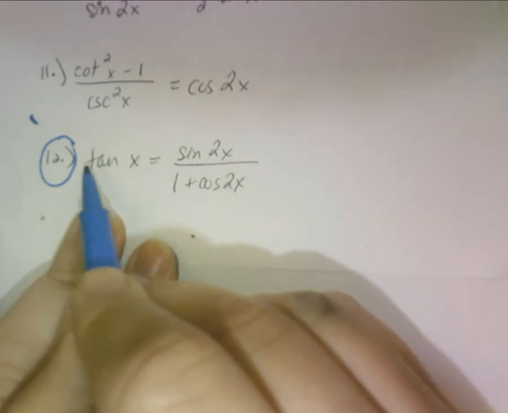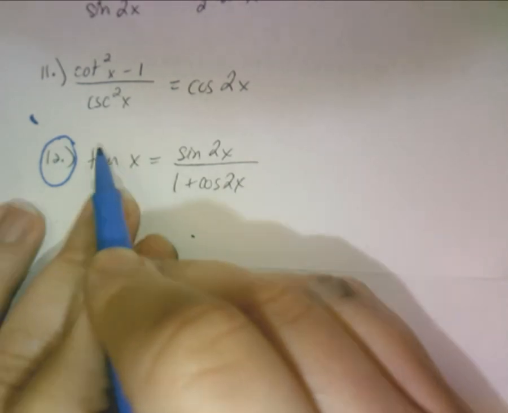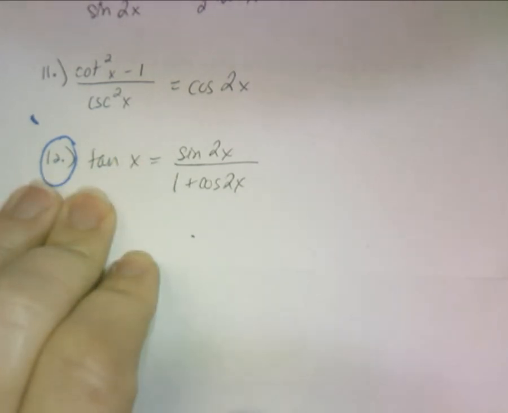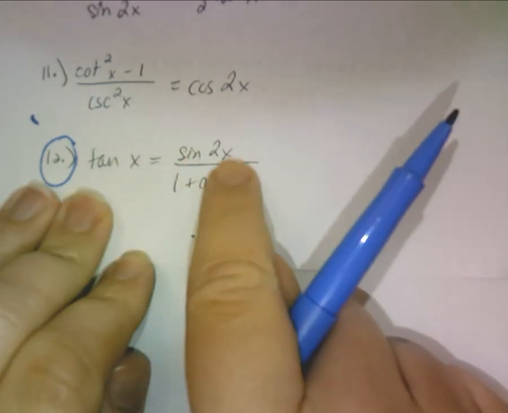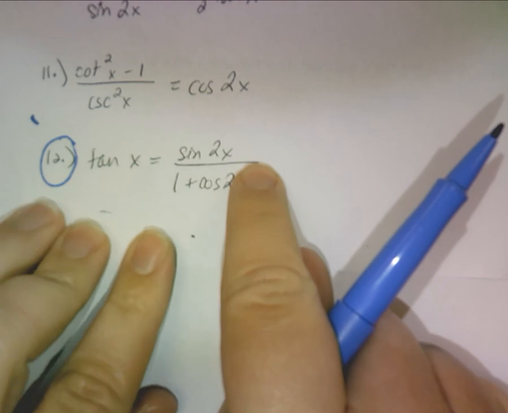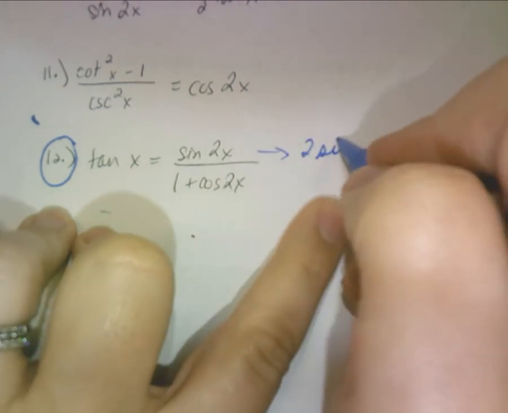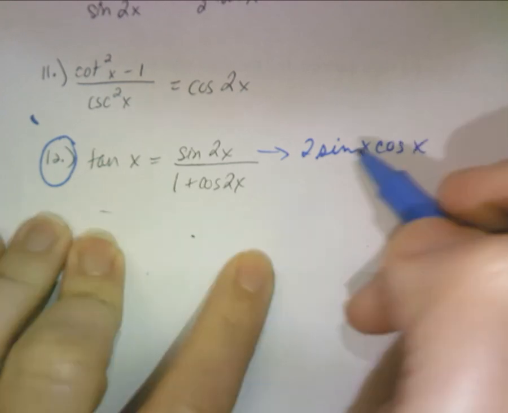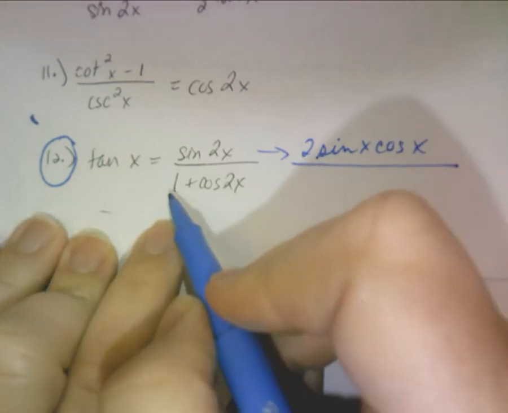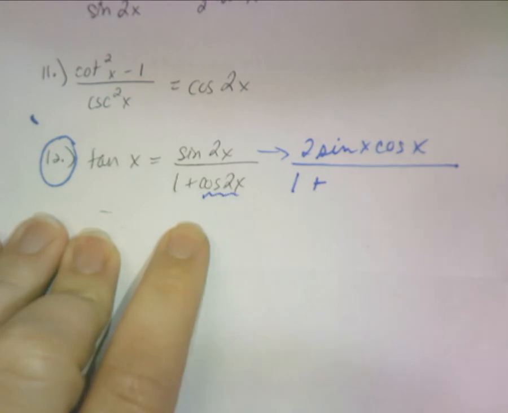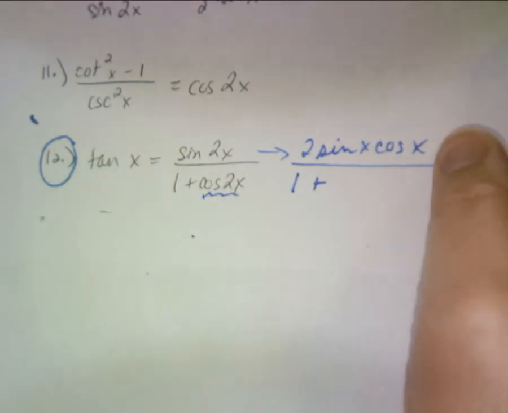Okay, so the tan, you can convert that to sine and cosine, but I'm just actually going to work on this side, the right-hand side. I'm going to try to clean this up to the best of my knowledge. Sine 2x, do I have an identity for that? What is it? 2 sine x cosine x, okay? Over 1, plus, do I have an identity for cosine 2x? I actually have 3.